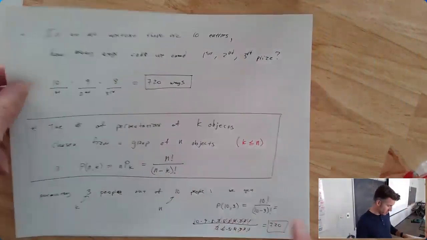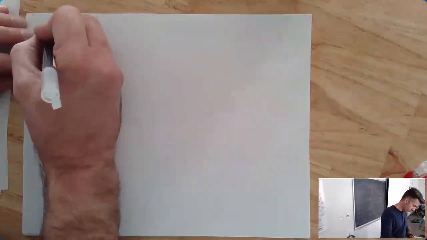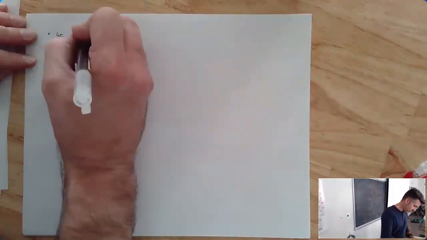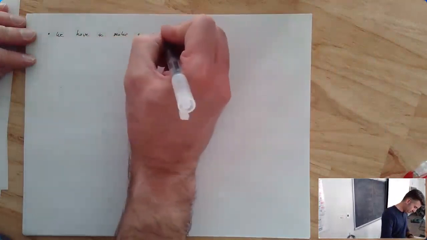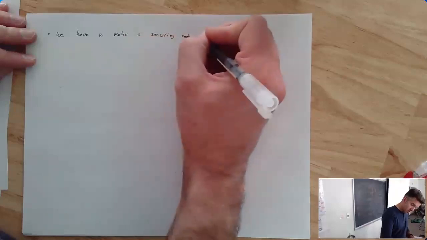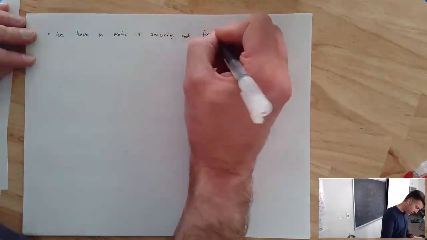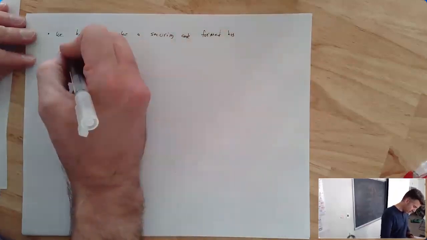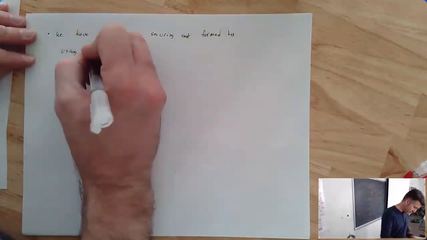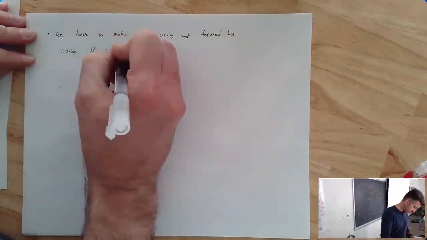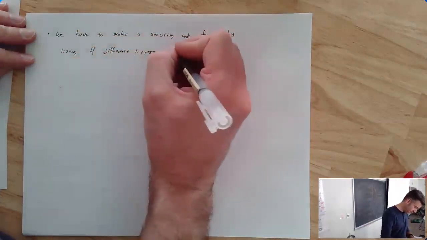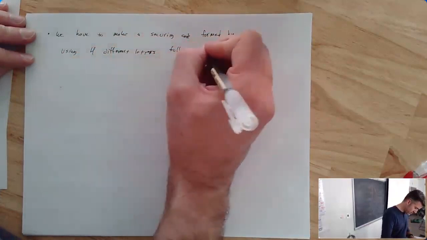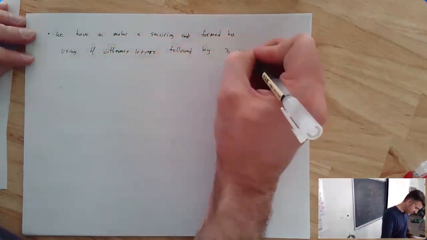Or another example could be, we have to make a security code. And we have to form it by using 4 different letters followed by 3 different digits.